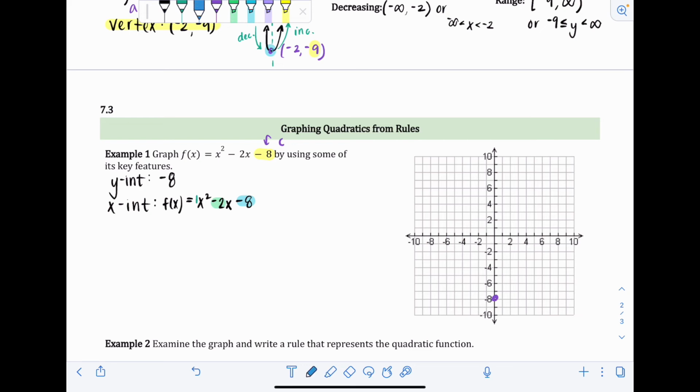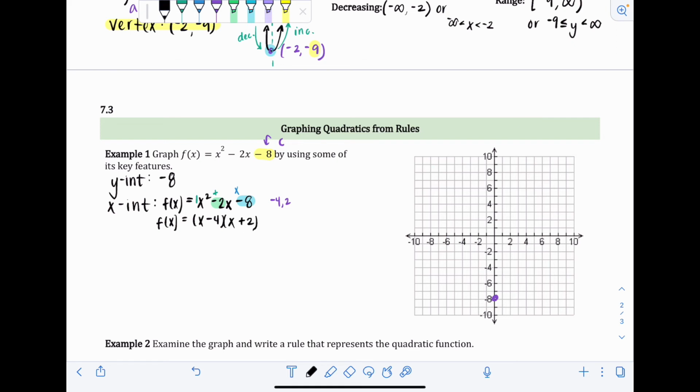Whenever a is 1, that's the case. I can do -4 and +2. So this would be f of x equals x minus 4 times x plus 2.